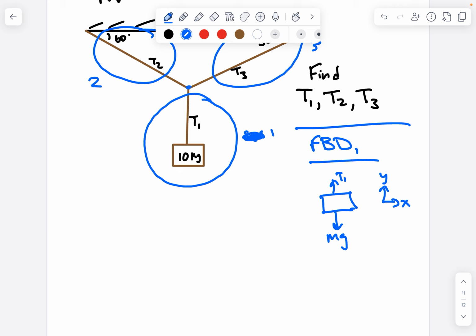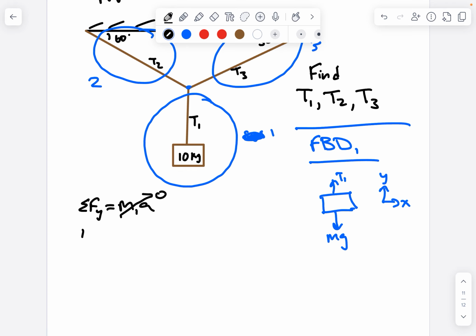So from here, using Newton's second law, and as you see, there are only components in the y direction, so I'm not going to worry about x. I'm going to say the sum of forces in the y is equal to m1 times a. However, we know the system is at rest, so we get rid of this side.